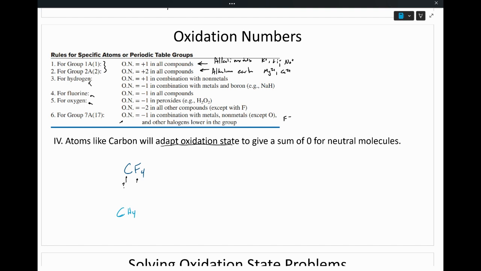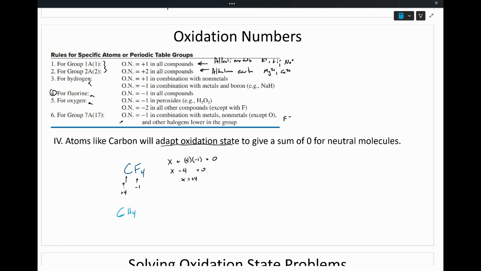Fluorine, we look at rule 4, fluorine is -1. And so this is a neutral molecule. So whatever oxidation state carbon adopts plus 4 times the oxidation state of fluorine of -1 has to equal 0. So we would get x minus 4 equals 0. X is equal to +4. So in this case, carbon has a +4 oxidation state.